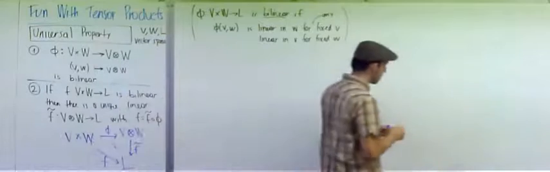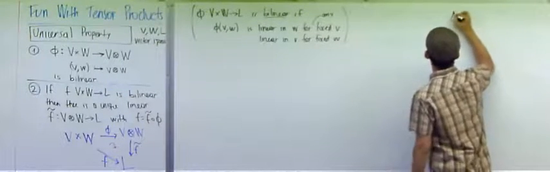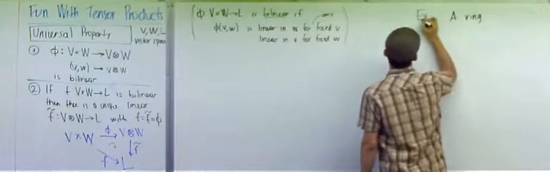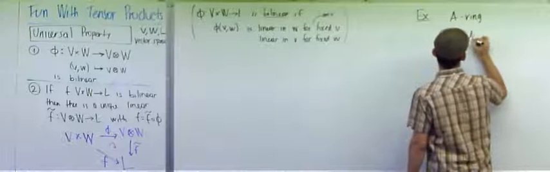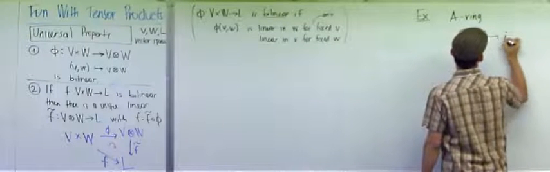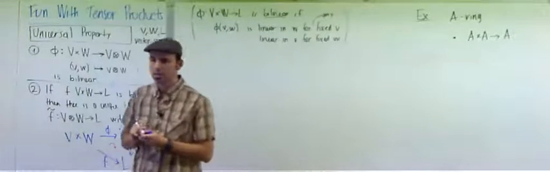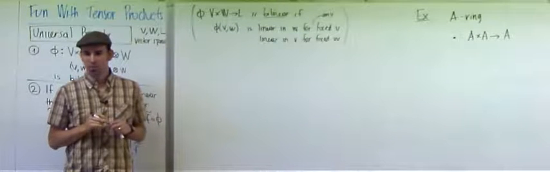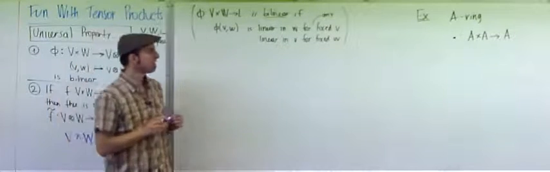And let me give you a very simple example. I erased it, but here, if A is a ring, so here's an easy example. A is a ring. You have the multiplication of A. So do you agree that multiplication is bilinear? Think about what that means.